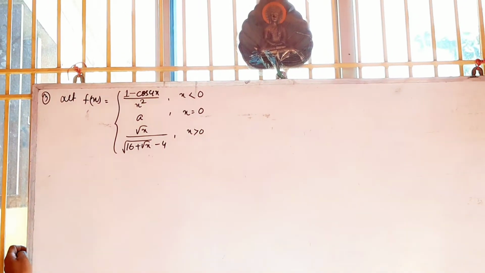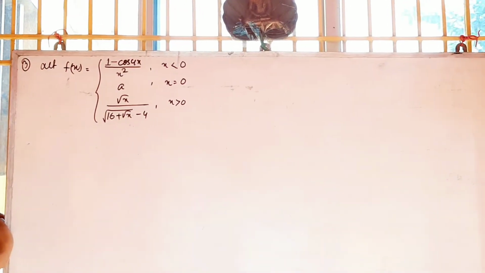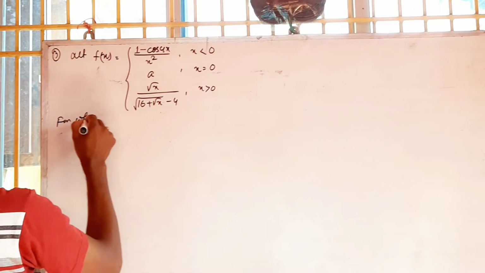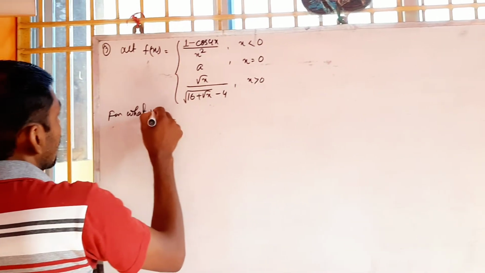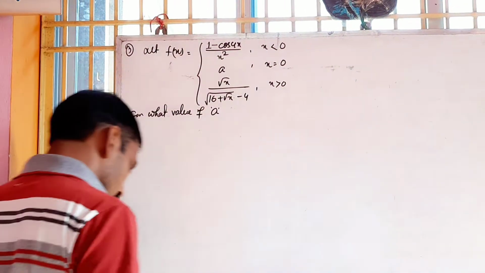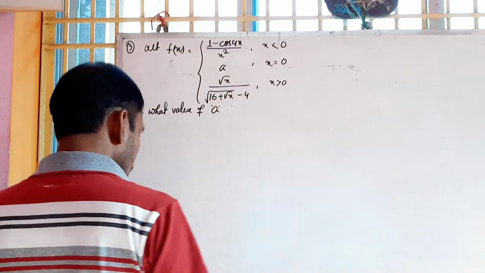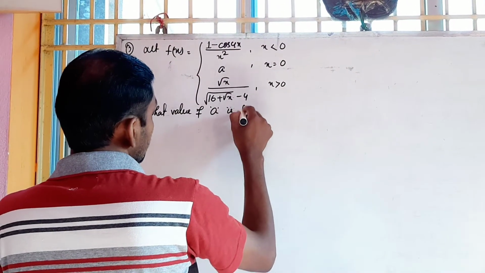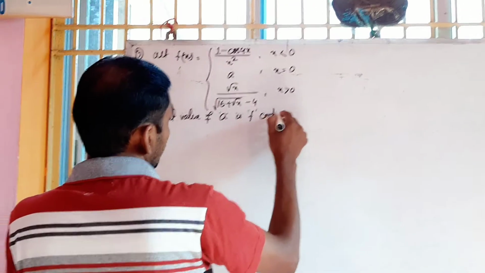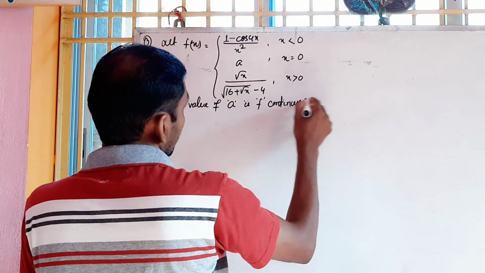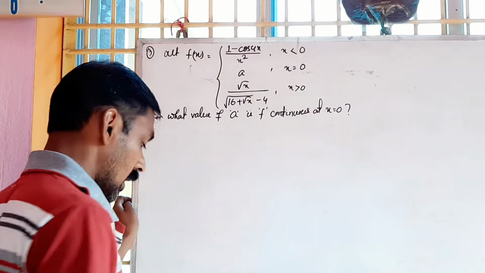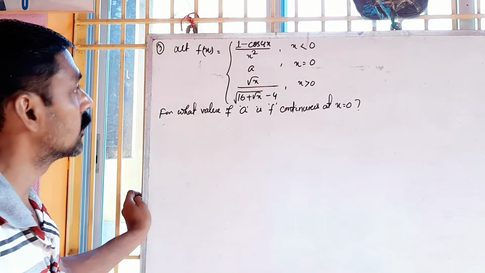This is the function f of x. Now the question is, for what value of a is f continuous at x equal to 0.